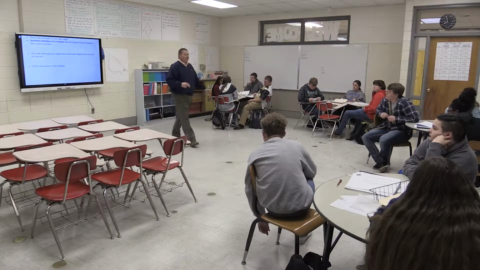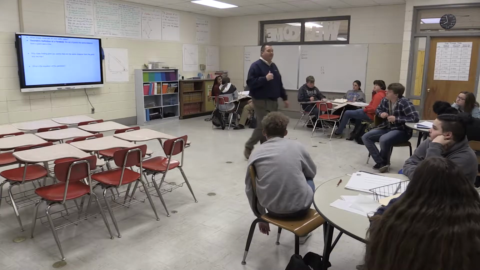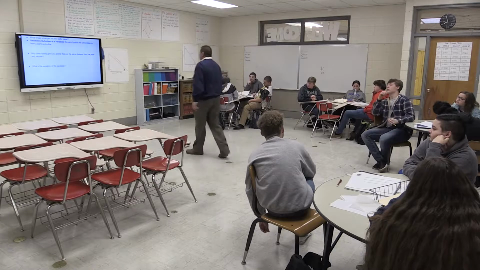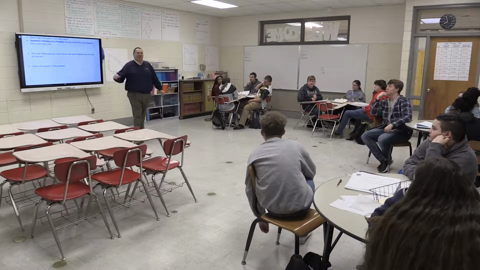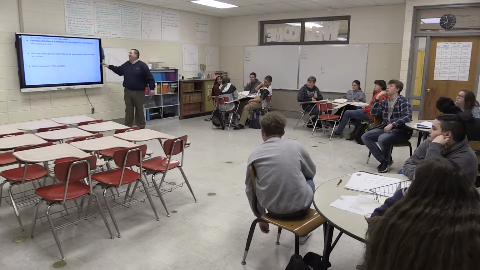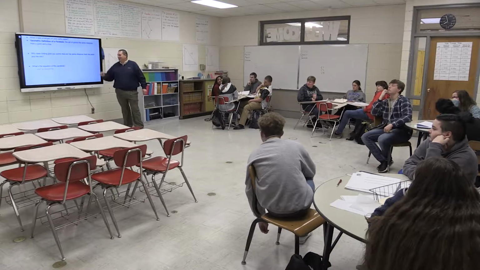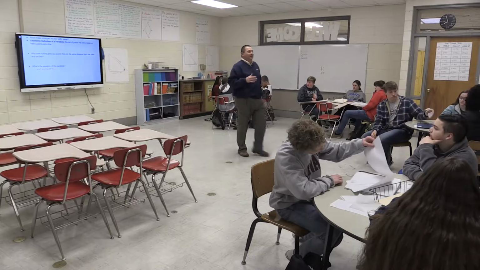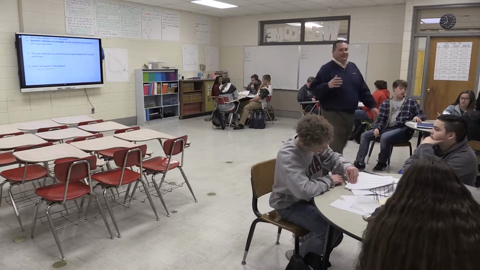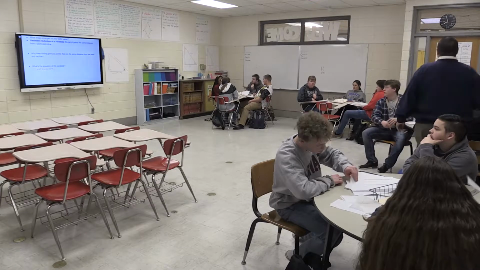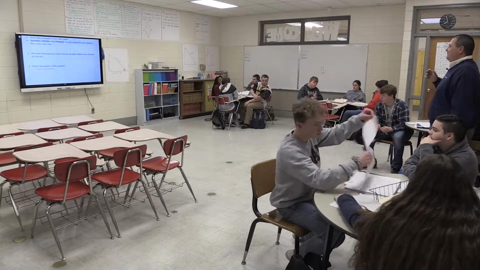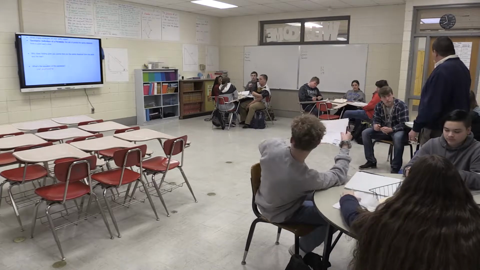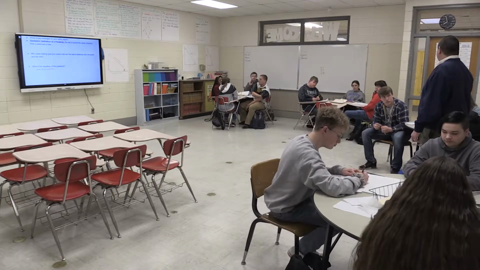So from algebra, does anybody remember the formula? No. Or was it one of those things that you really tried hard to forget? Yeah. Okay. Well, here it is. All right, and it's on your paper. Now just like yesterday, when we talked about the standard form of a linear equation, right?